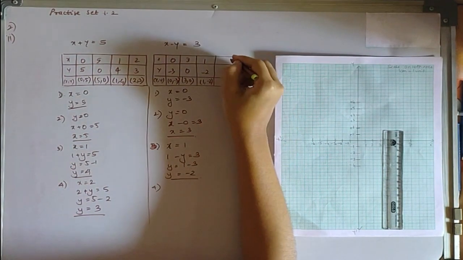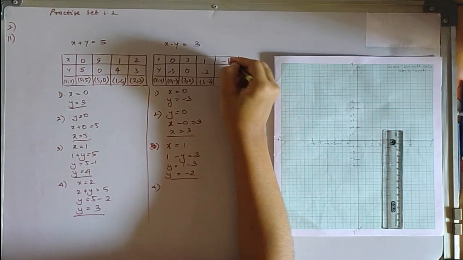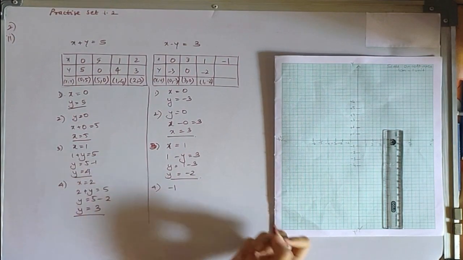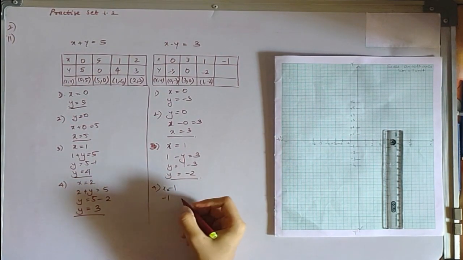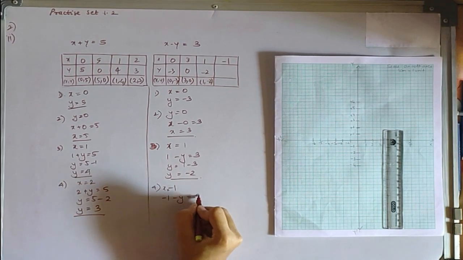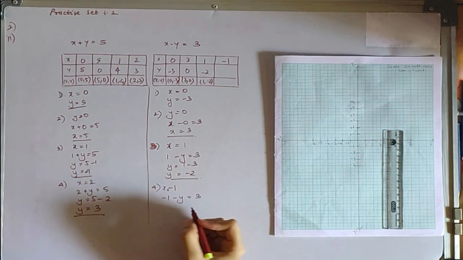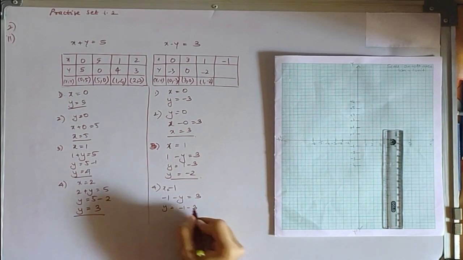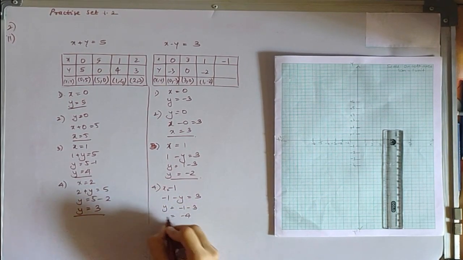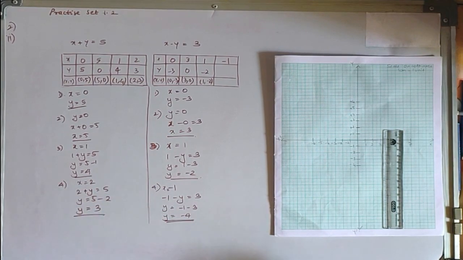Fourth one. If I take x value as minus 1. Let's see. x value is minus 1. So minus 1 minus y is equal to 3. So what will be my value of y? y will be equal to minus 1 minus 3. That is minus 4. y is equal to minus 4.